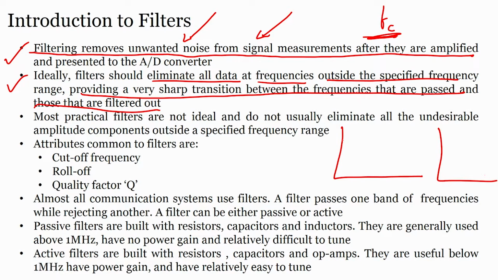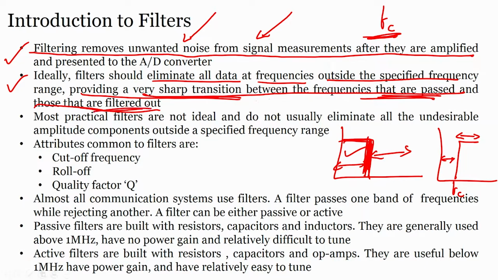We will see that the frequencies above this are all filtered out, only these frequencies are passed. In this case, the frequencies above this frequency are passed, below this are all filtered out, alright. This transition that it makes suddenly should be extremely sharp. That is what we are talking about when we talk about the sharp transition between the frequencies that are passed and those that are filtered out, alright.